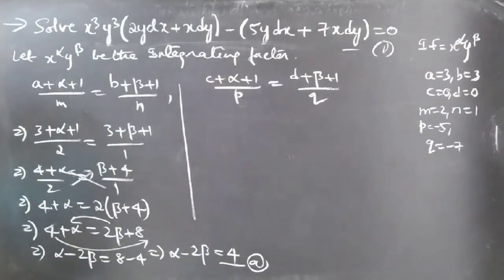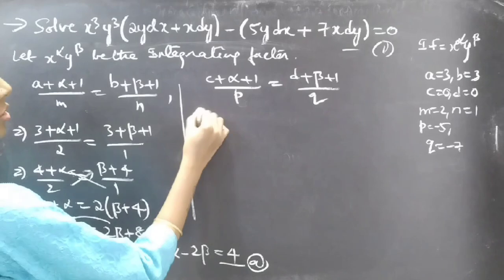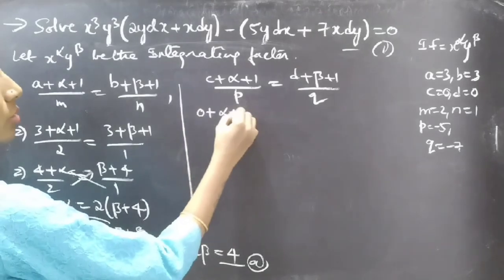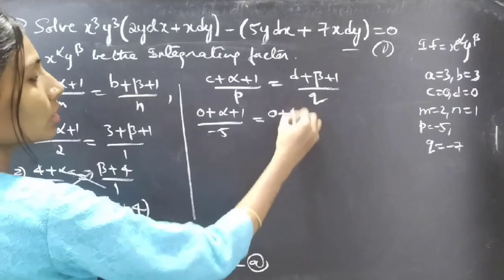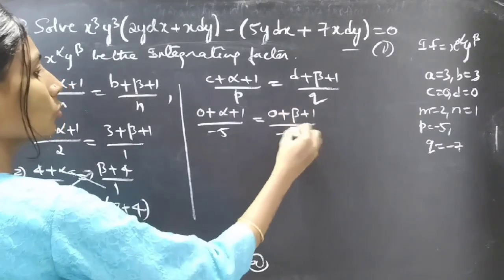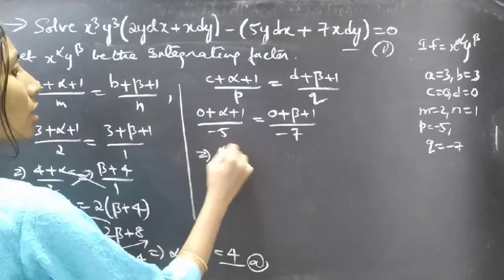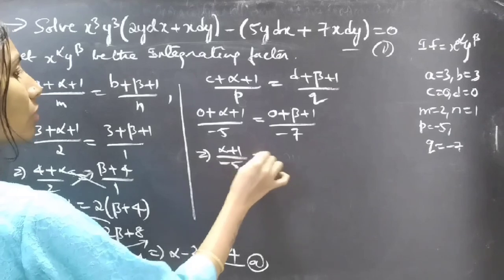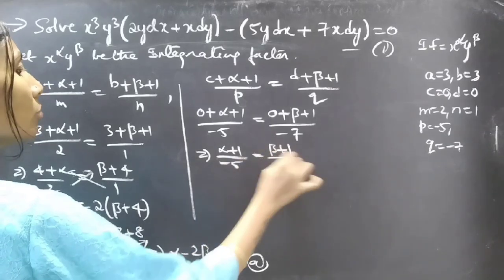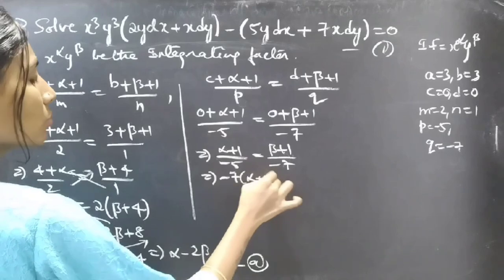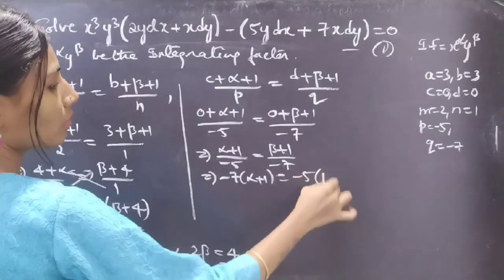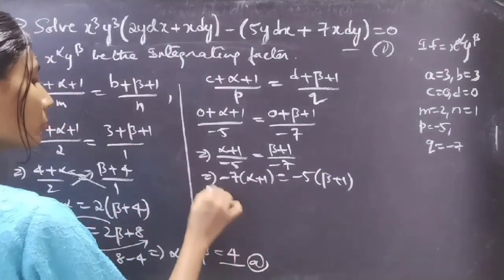Now coming to this formula, substitute the values of unknowns. 0 plus alpha plus 1 by p minus 5 equal to 0 plus beta plus 1 by q minus 7, which gives us alpha plus 1 by minus 5 equal to beta plus 1 by minus 7. From this we'll get minus 7 into alpha plus 1 equal to minus 5 into beta plus 1, right?